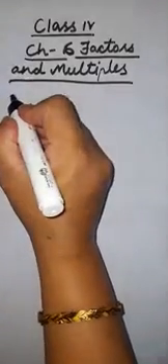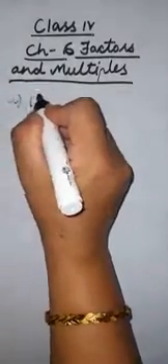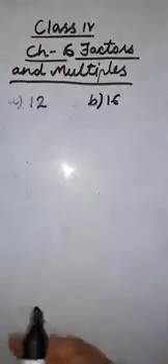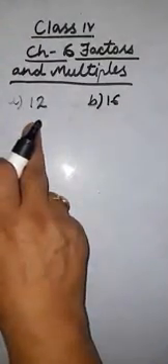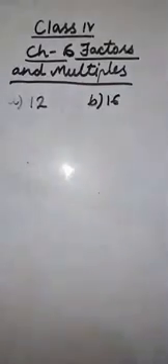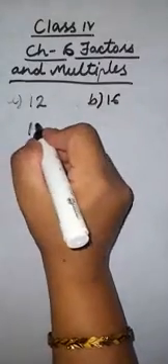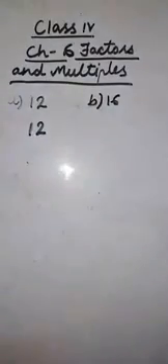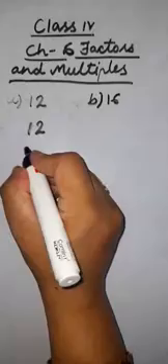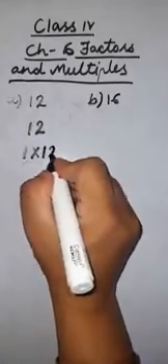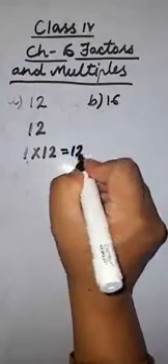Let's take two examples, A 12 and B 16. First of all, we will find out the factors of 12. Now observe, first observe 12 comes in whose table. So first we will write here 1. 1 multiplied by 12 we will get 12.